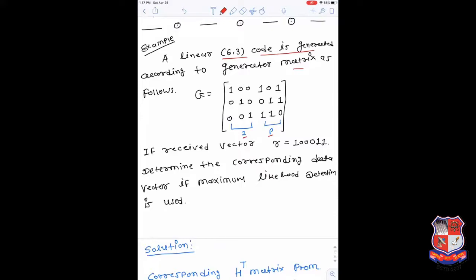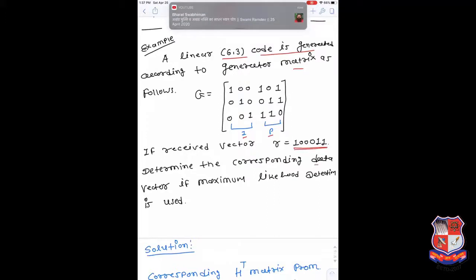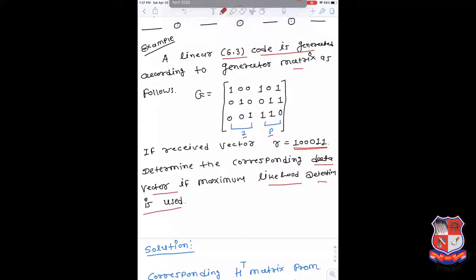The received vector is given as 1 0 0 1 1, and for this received vector we have been asked to find the corresponding data vector using the maximum likelihood detection algorithm. So the question is reversed here: the received vector and matrix G are given, and from them we need to identify the data vector D.